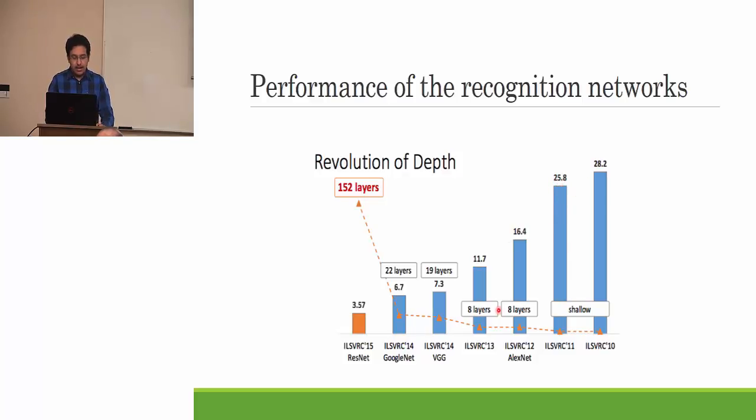And in 2012, AlexNet won the competition with 16.4%, a huge margin in error. Then in 2013, there was a network called ZFNet that came up with a lower error. And then in 2014, VGG, and then GoogleNet and ResNet, and then we have even lower errors now.